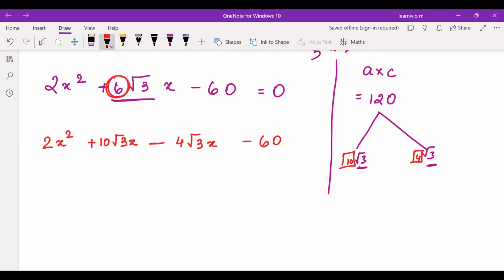I don't know why today it's showing network. Okay. What can be taken out as a common factor from the first two terms? Root 2x. Is it root 2 or only 2 or what? Let's check it.